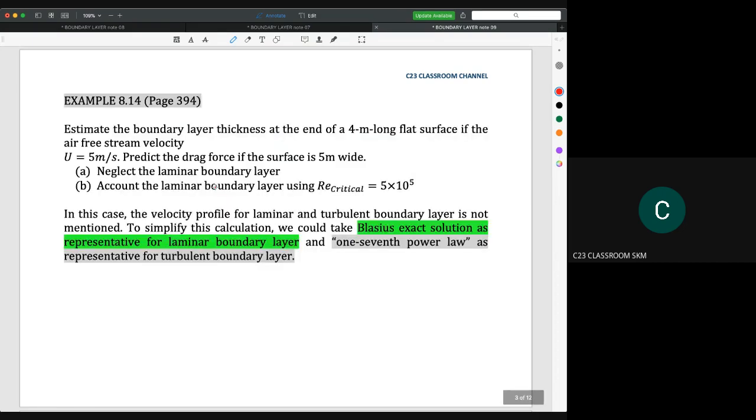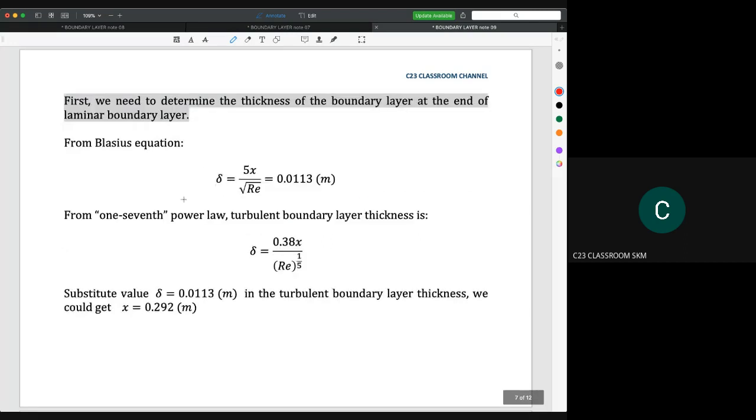That's why in this calculation, we first calculate the delta, the boundary layer thickness, using the laminar case, because we know the starting point of the laminar boundary layer, at the critical Reynolds number, at x equal to 5 times 10 to the power of 5.